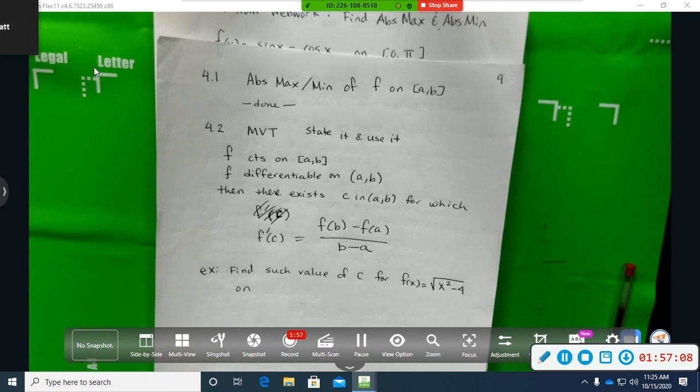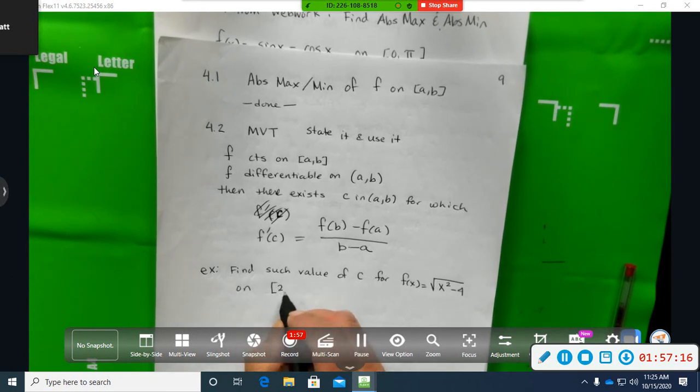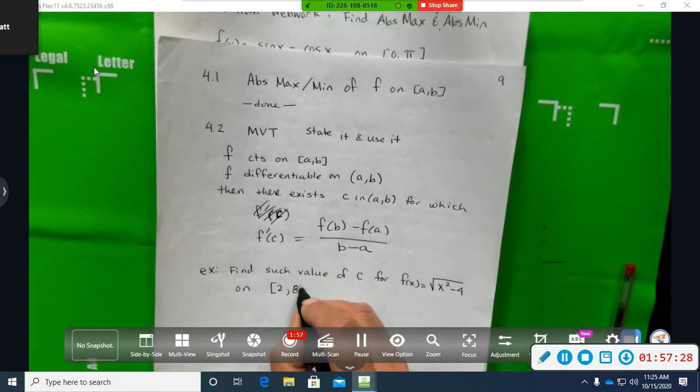I need to have my x bigger than 2. So let's go on the interval from 2, I don't know, let's go 2 to 8.